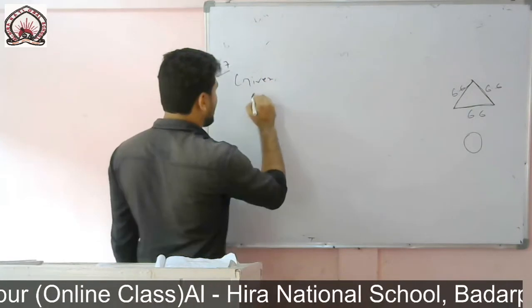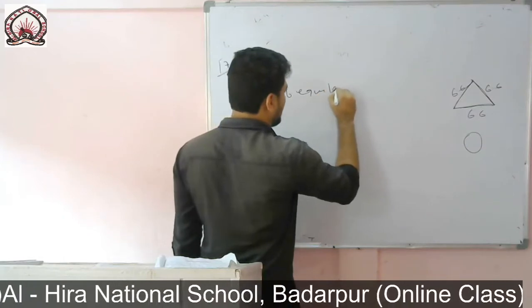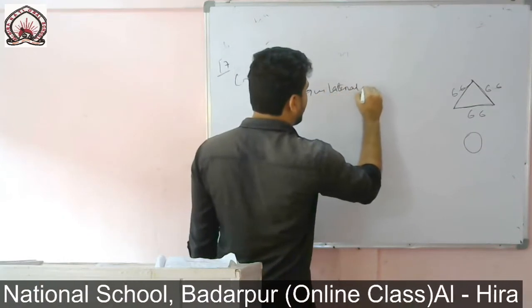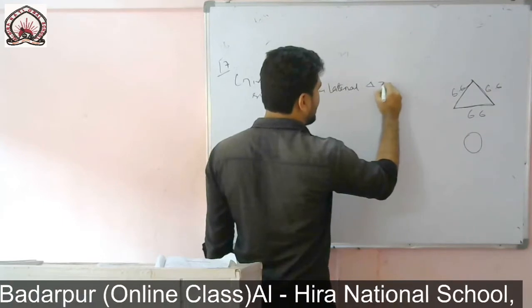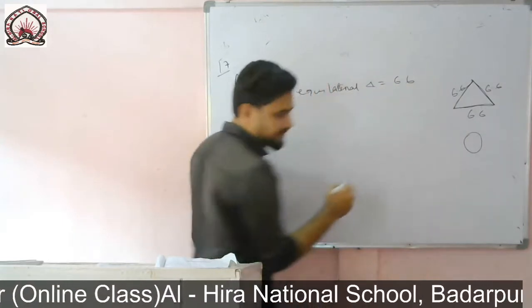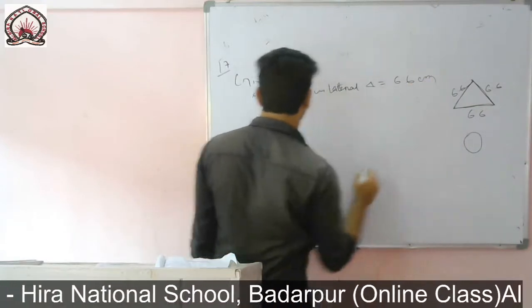Number 17 will be: given, side of equilateral triangle is equal to 6.6 centimeter.